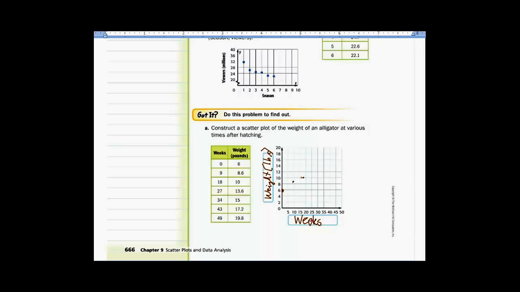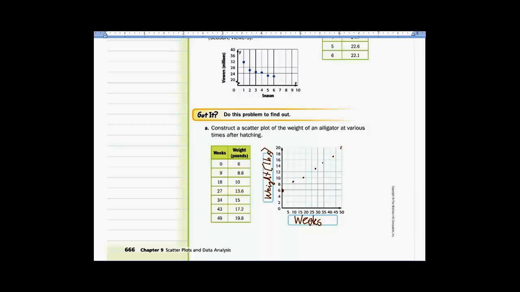At 27 weeks, 13.6. At 34 weeks, which is almost to the 35, they're at 15 pounds. And 43 weeks, 17.2. And 49 weeks, which is just before 50, they're at 19.8, which is almost right on 20.